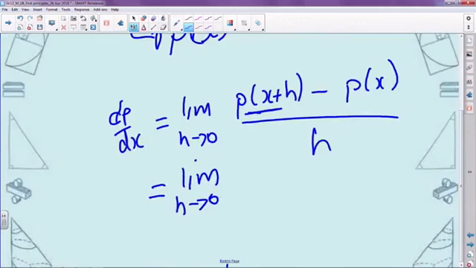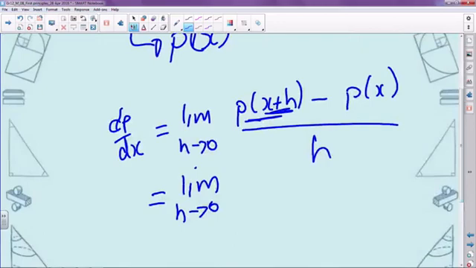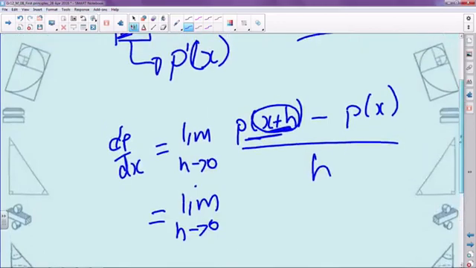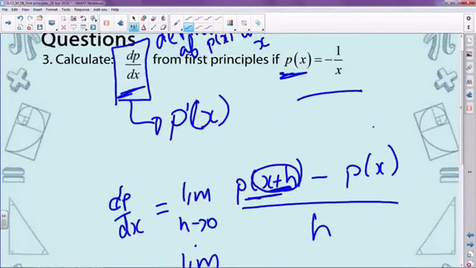So p of x plus h tells me that wherever there's an x, I need to replace it with x plus h in order to find that value. My function p of x, remember, was minus 1 over x. So I'm going to replace the x in the denominator with x plus h.